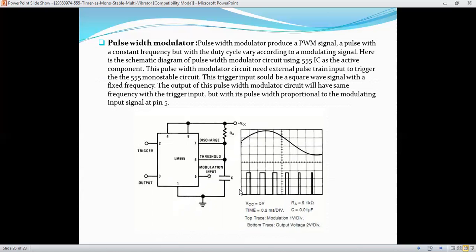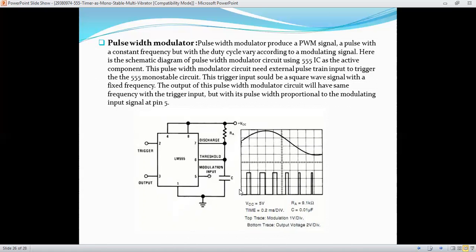This circuit needs an external pulse train input to trigger the 555 monostable circuit. This trigger input should be a square wave signal with a fixed frequency. The output will have the same frequency as the trigger input but with its pulse width proportional to the modulating input signal at pin number 5.